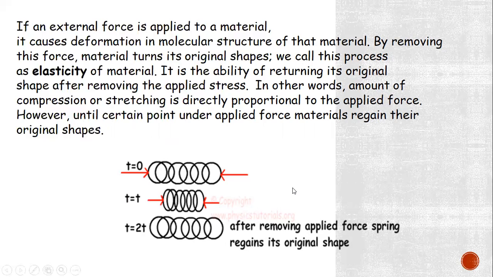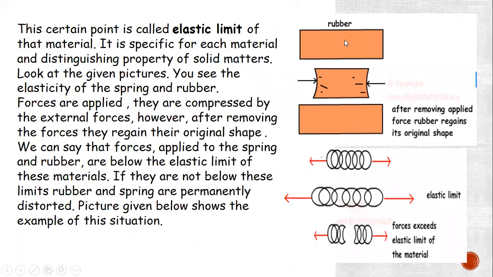The object regains its shape, but to a certain limit. If the applied force is more, then it may change its shape. It may not come back to its original shape. Say there is a rubber band.